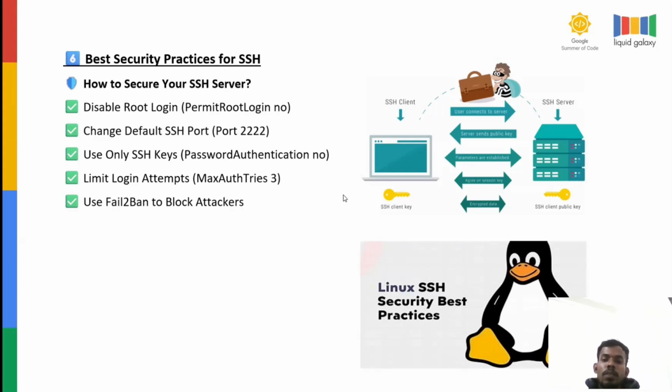Finally, we can implement Fail2ban. It is a tool that automatically blocks an IP address after multiple failed attempts. It protects against brute force attacks. By following these best practices, you can significantly strengthen your security and reduce the risk of unauthorized access.